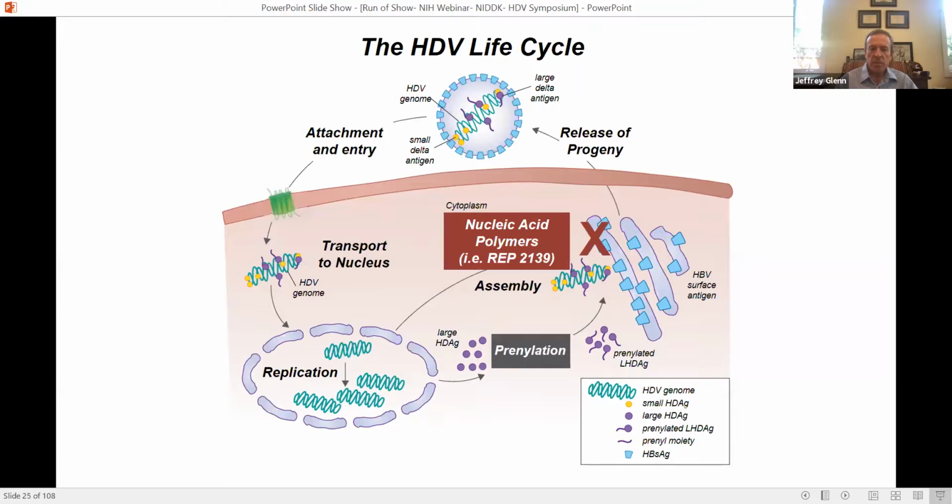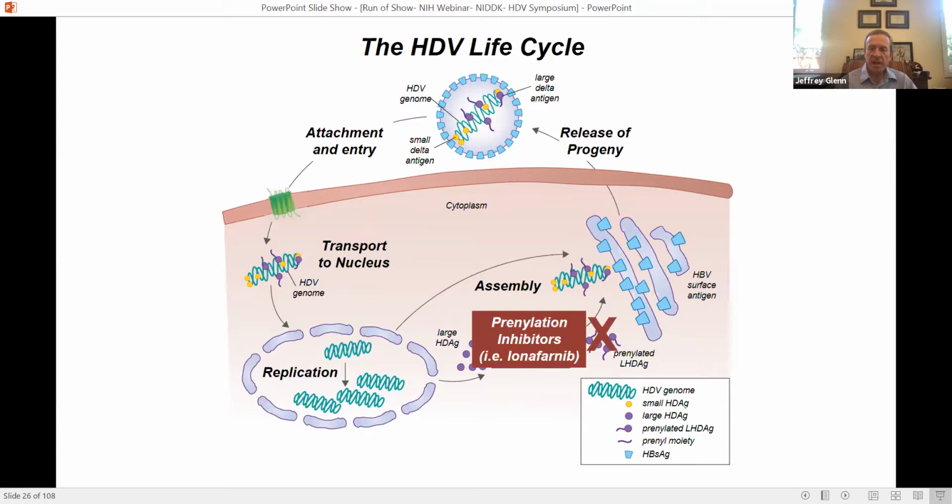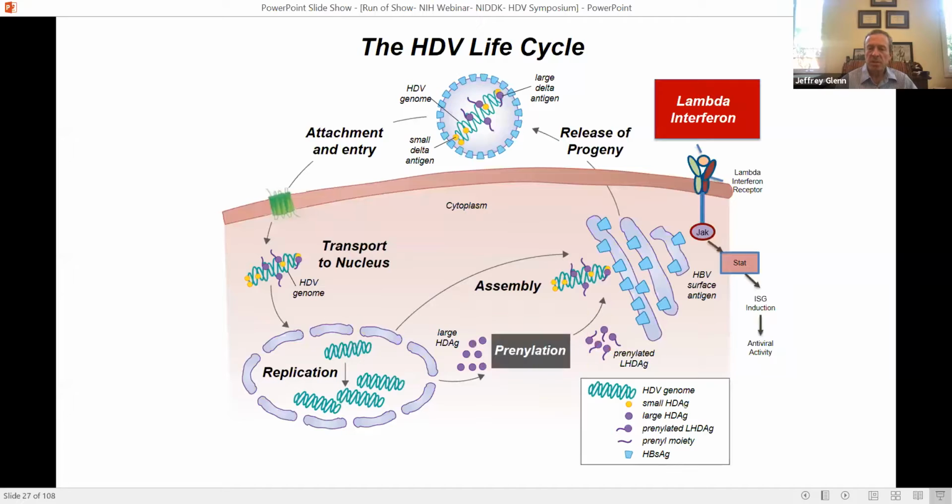And the next, we have the so-called nucleic acid polymers, exemplified by REP 2139, which seek to prevent surface antigen secretion from the cell as a potential mechanism. Then there are prenylation inhibitors, exemplified by lonafarnib, which pharmacologically block this key step of prenylation, which is required for assembly and release of virus particles.